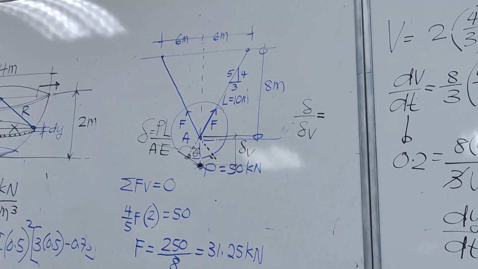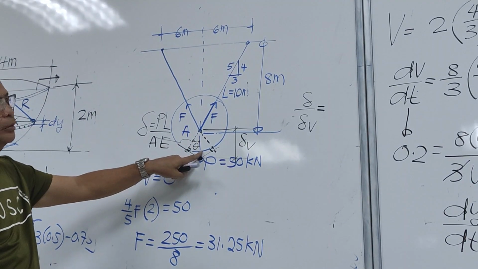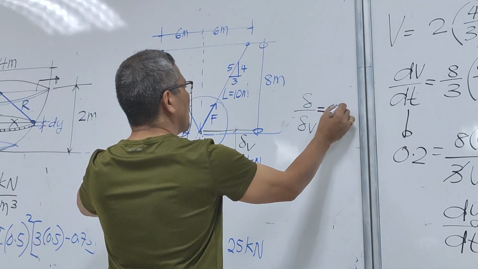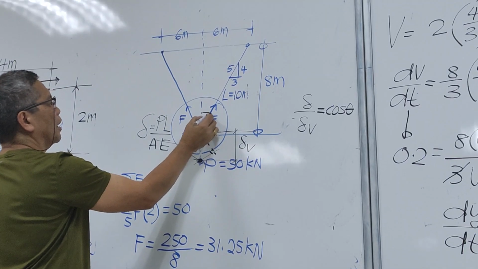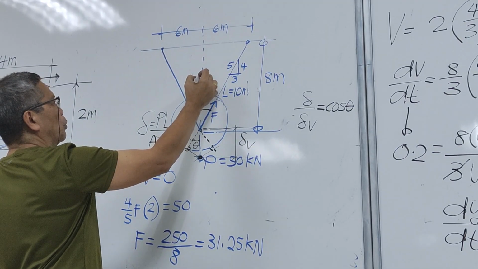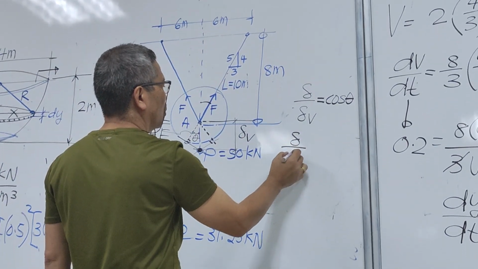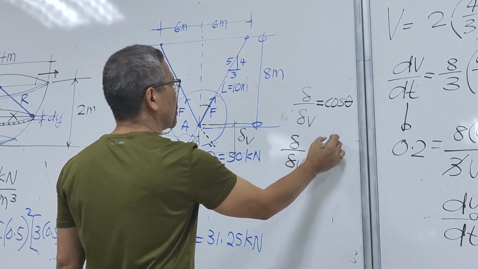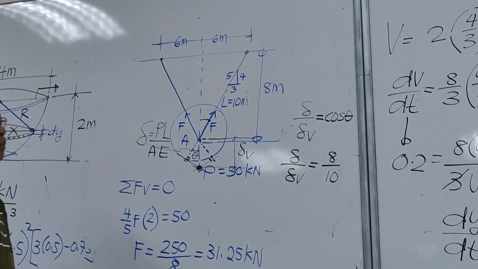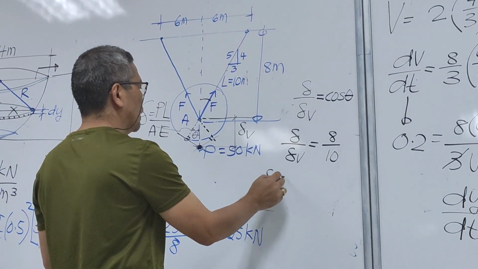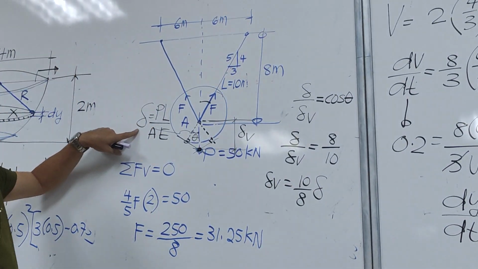Do you agree? Sorry, cosine. This one and this together is the same as the cosine of theta. But what is the cosine of theta? It is the ratio between this and that. So instead of using cosine theta, I can use 8 over 10. Do you agree? Meaning, delta V is now equal to 10 over 8 multiplied by the axial deformation.